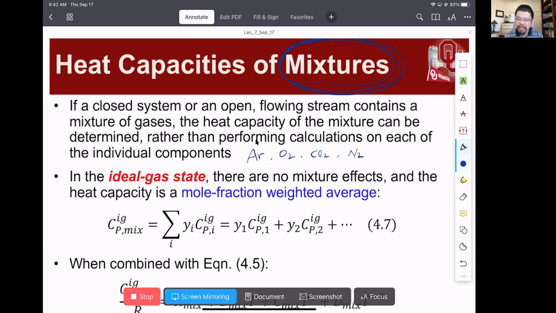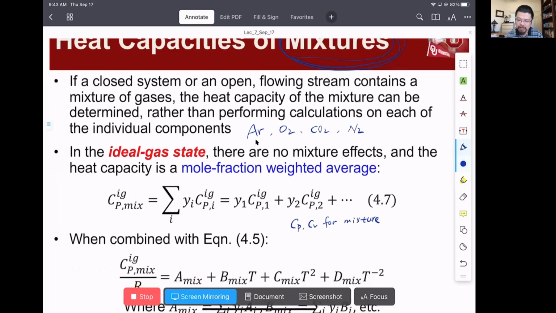So the Cp or Cv value for the mixture comes from the averaged contribution of each individual compound.